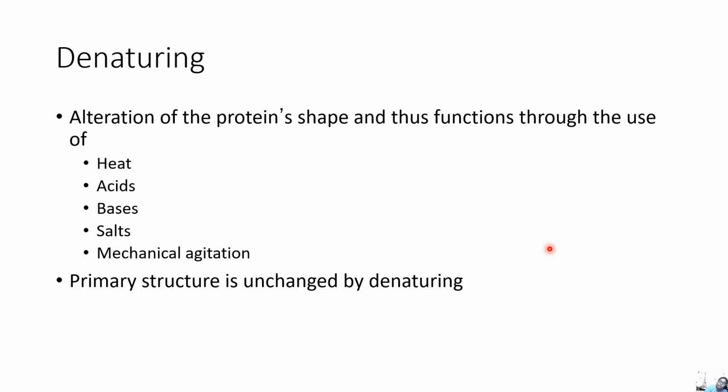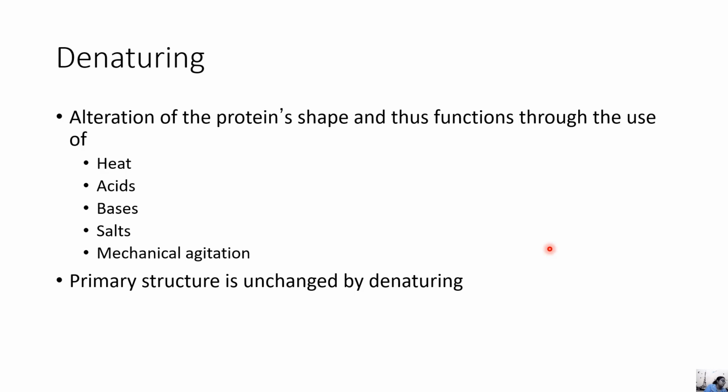Now what is denaturing? Alteration of the protein's shape and thus function through the use of heat, acids, bases, salts, mechanical agitation, all of these. Primary structure is unchanged by denaturing. So even after denaturing, you will change the folding of the structure, you will basically denature the folding. You will not be able to do anything to the primary structure.